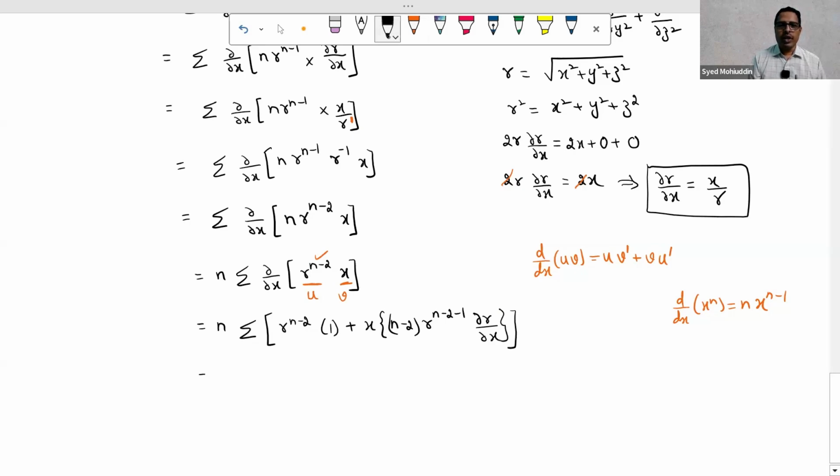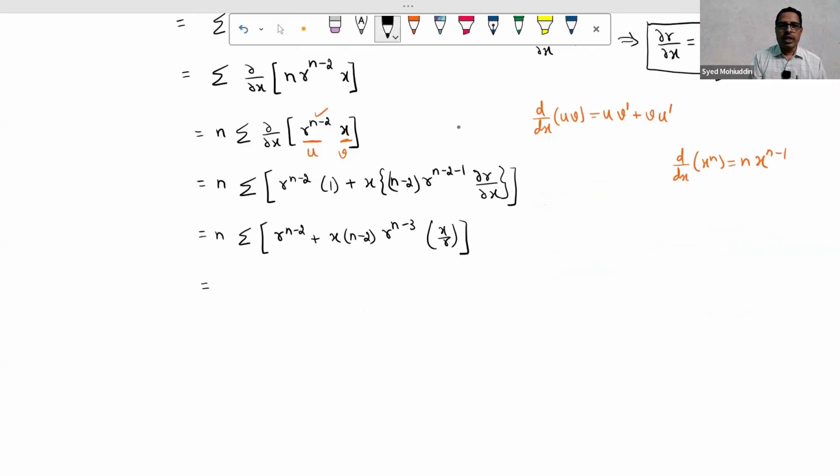Let us further simplify. It is n into summation of r^(n-2) into 1 will be r^(n-2), plus keeping this x as it is, then n minus 2 as it is, r^(n-2-1) will become r^(n-3). And we have seen the value of ∂r/∂x is what? x by r. So it is x/r. Let us further simplify this one.